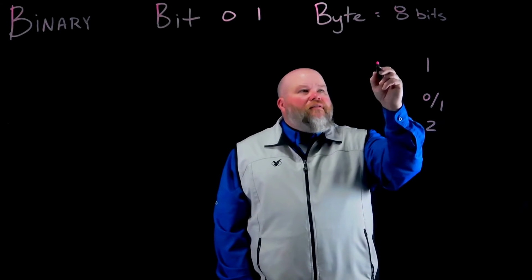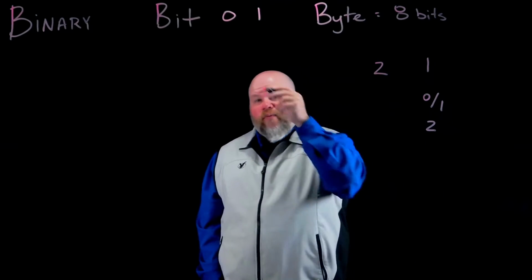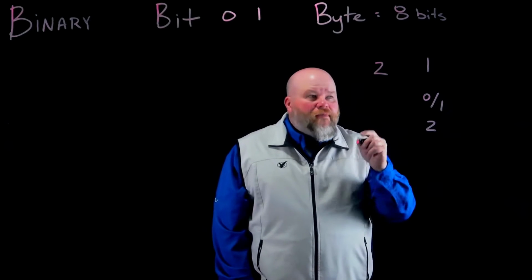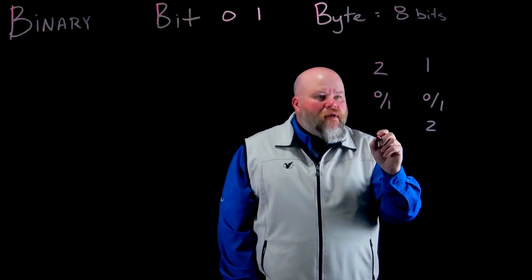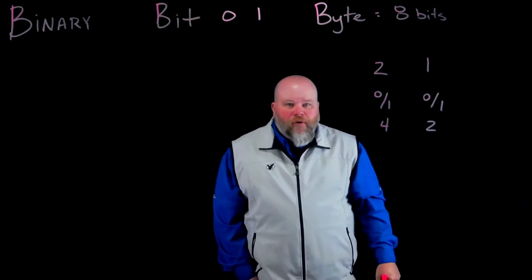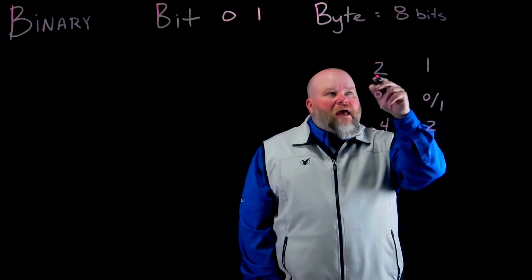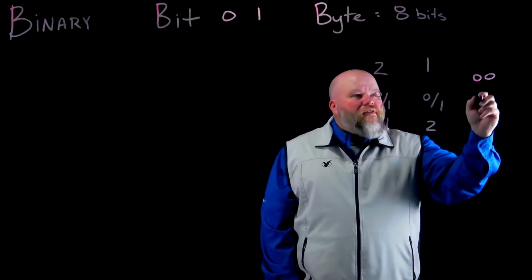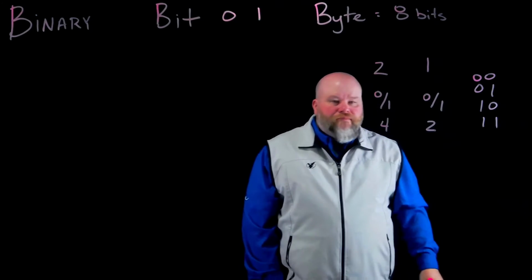Our second bit gets a value of 2. We're going to double every time we move a bit position. Now this second bit can get a value of 0 or 1, but we have now a total combination set of 4 total possible combinations, because out of those 2 bits, we could see it be 0, 0, 0, 1, 1, 0, or 1, 1.